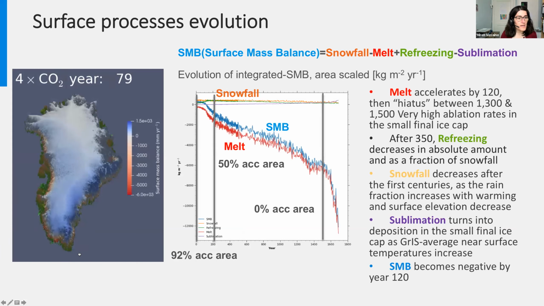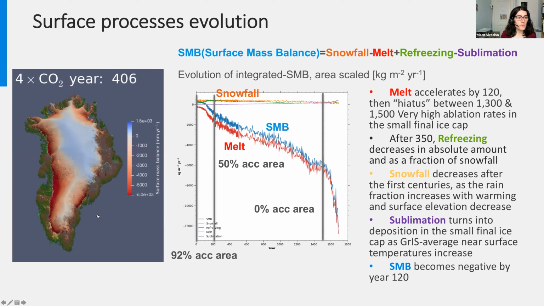Okay, this is a simulation of the surface mass balance. In blue is positive, and in red is the ablation area. By now, I believe something like 50% is ablation area.